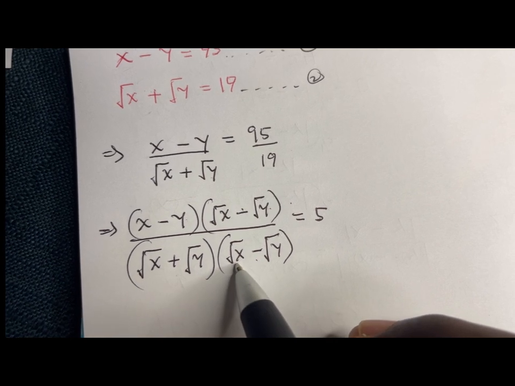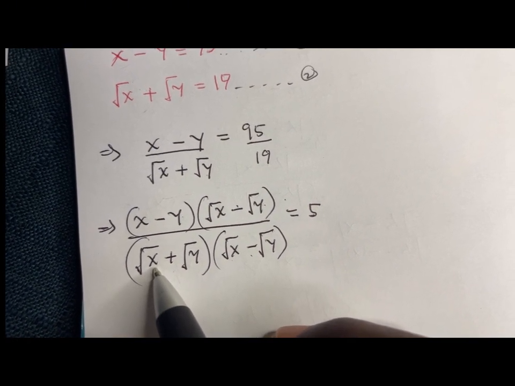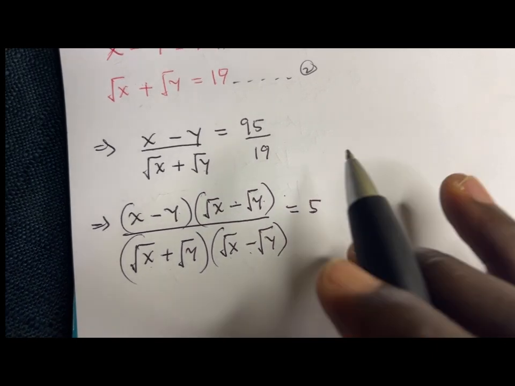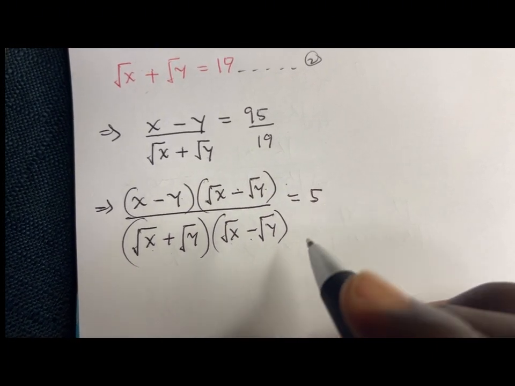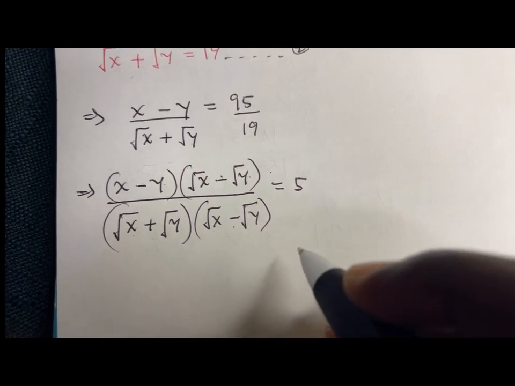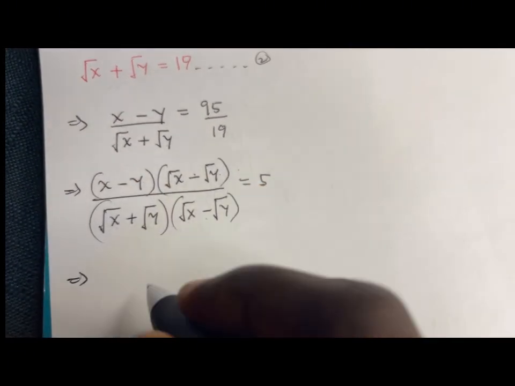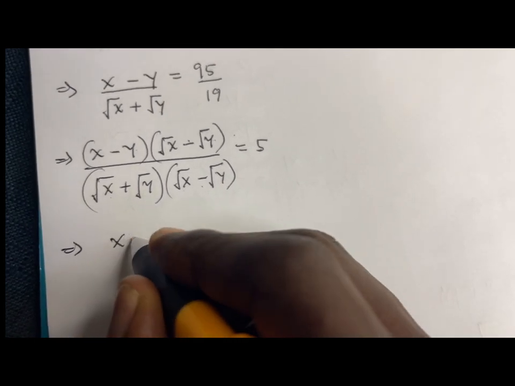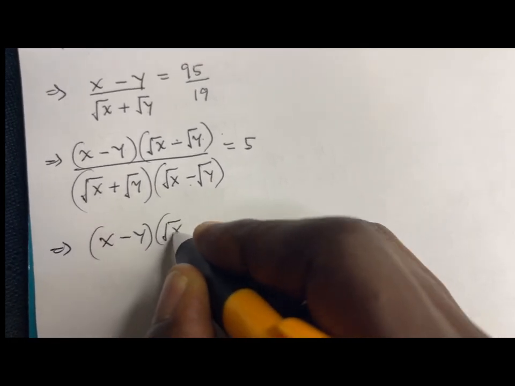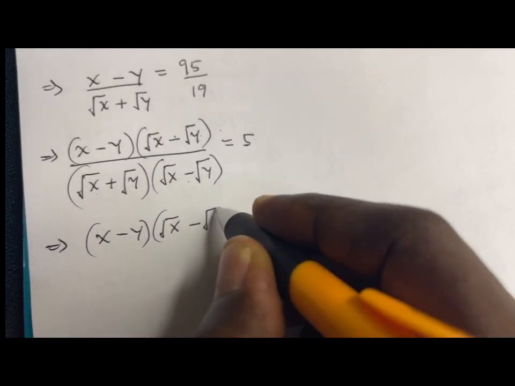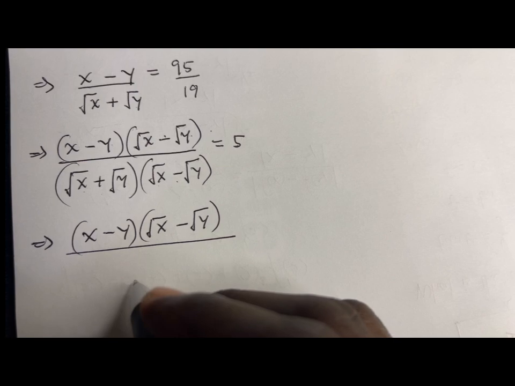So the root of x times the root of x, which is the root of x squared, will give us x. Let's maintain the numerator: x minus y, all over the root of x minus the root of y.